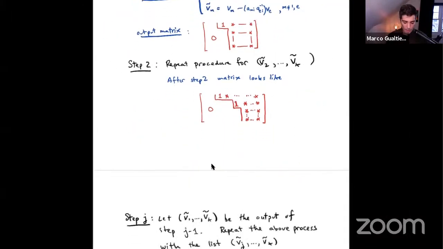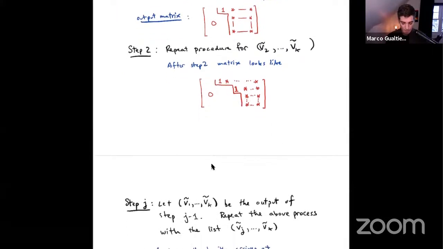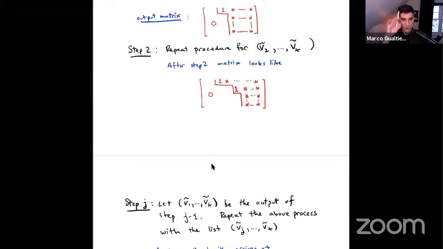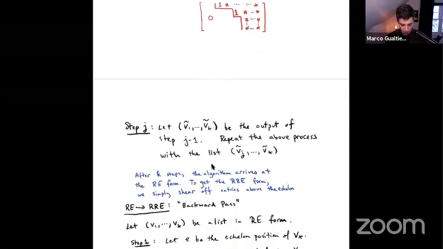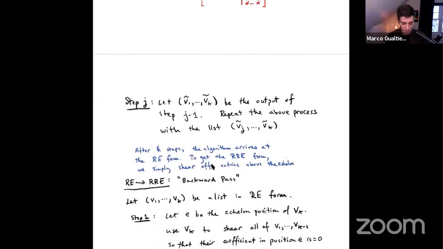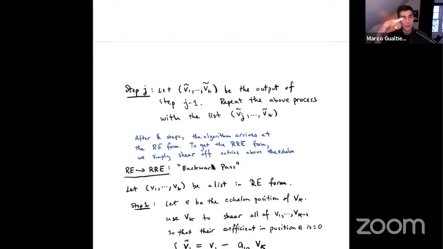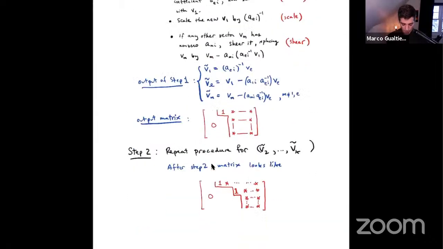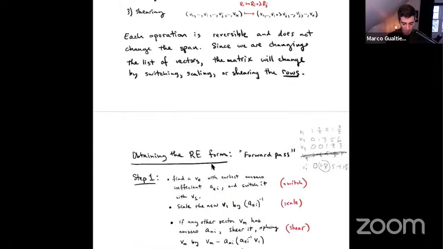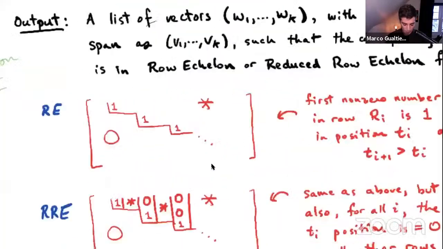Okay, so step 2 is just to repeat this procedure for the rows after 1. And then step J is that you just keep doing this. So after k steps, the algorithm arrives at the row echelon form. Okay, so if I keep doing this, I will get exactly what I want, which is this.